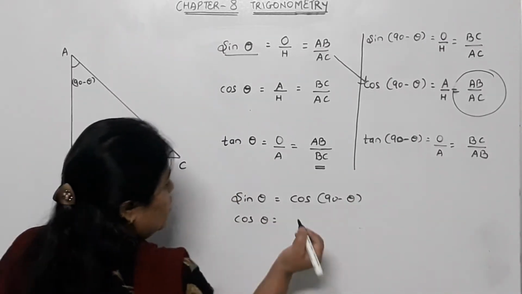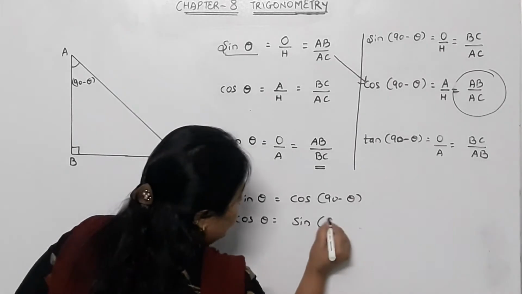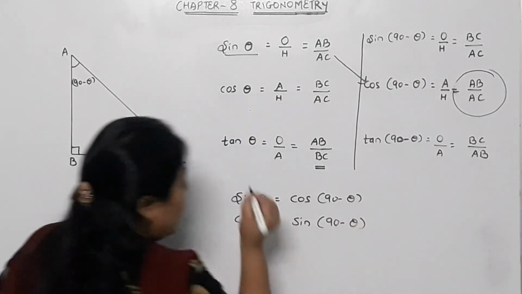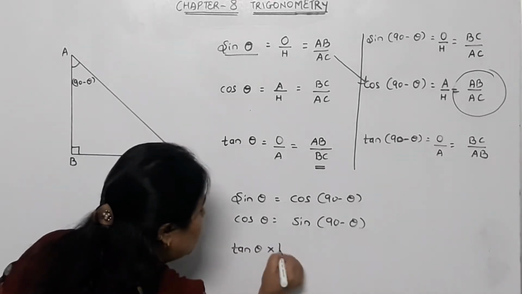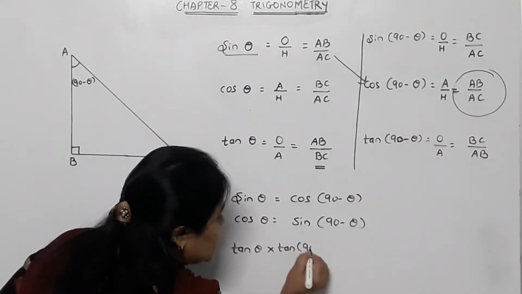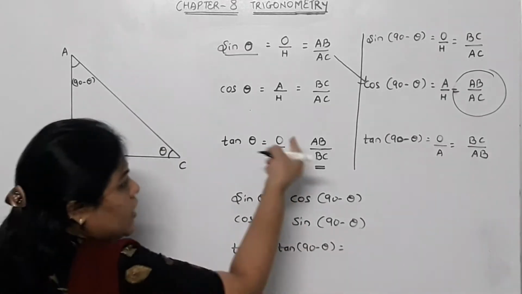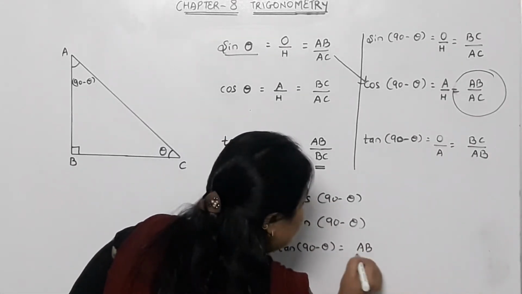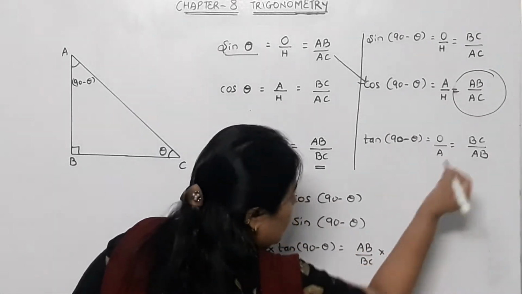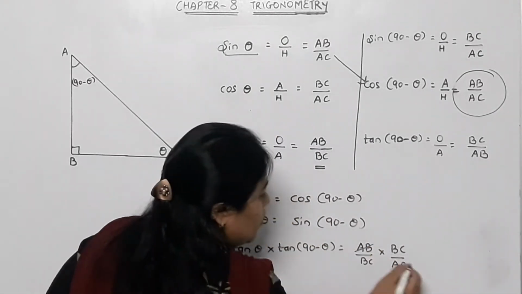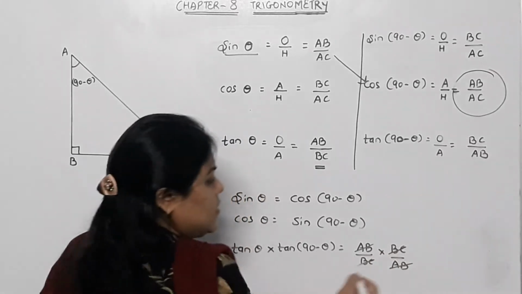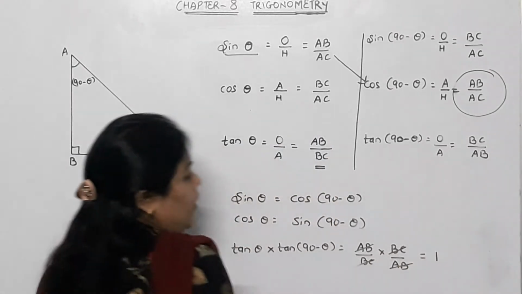Cos theta is equal to sin 90 minus theta. And tan theta into tan 90 minus theta is AB upon BC into BC upon AB. All the values are getting cancelled, that is equal to 1.